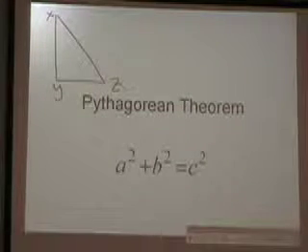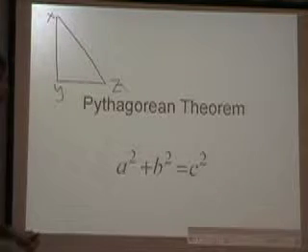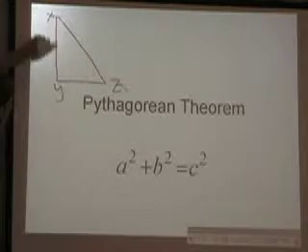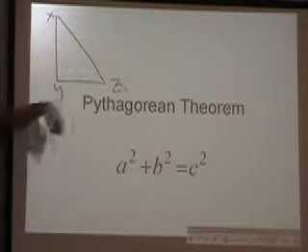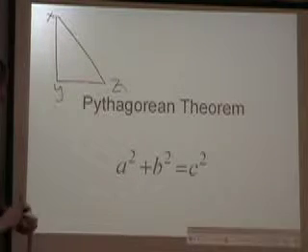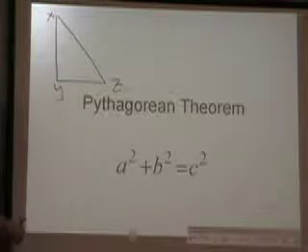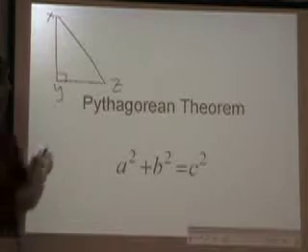Alright, so the Pythagorean Theorem is used to find a side of the triangle that you don't know. So let's say we know how long this is, and we know how long this is, but we don't know this. You can use the Pythagorean Theorem to find that third side. I'm going to prove it to you here in just a second. Now, this side, XY, is a what? It's a leg.